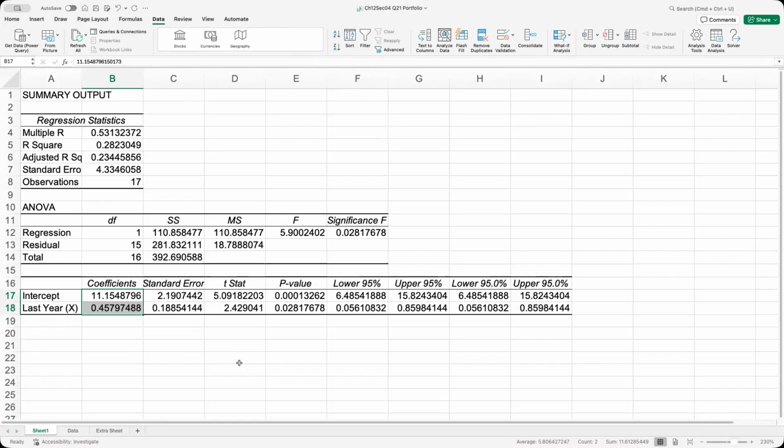Is this related? Our null hypothesis was that there was no relationship. Our alternate hypothesis was that there was. My confidence interval goes from 0.06 to 0.86. What's not in that confidence interval that would be important in terms of those hypotheses?